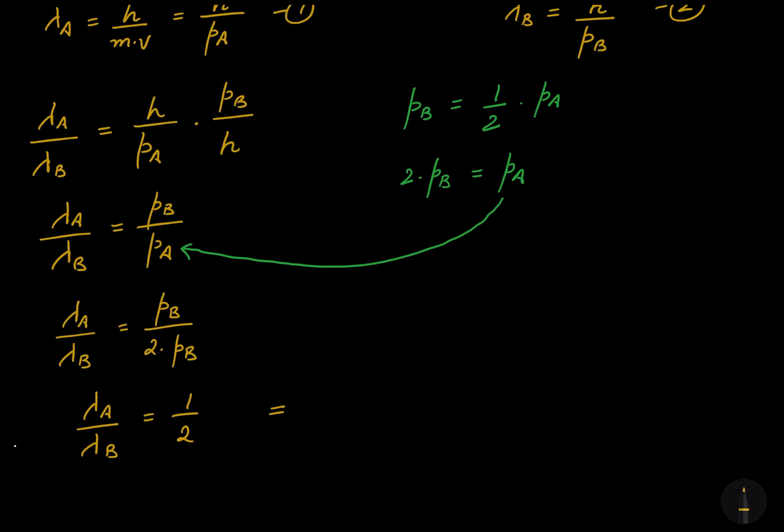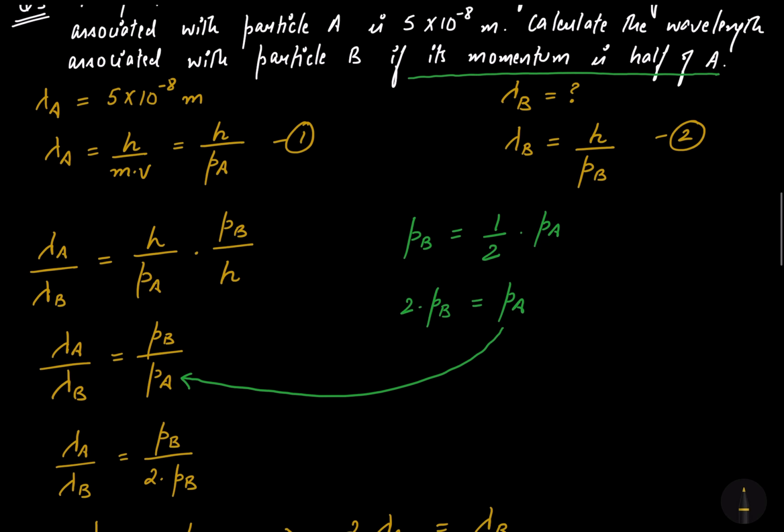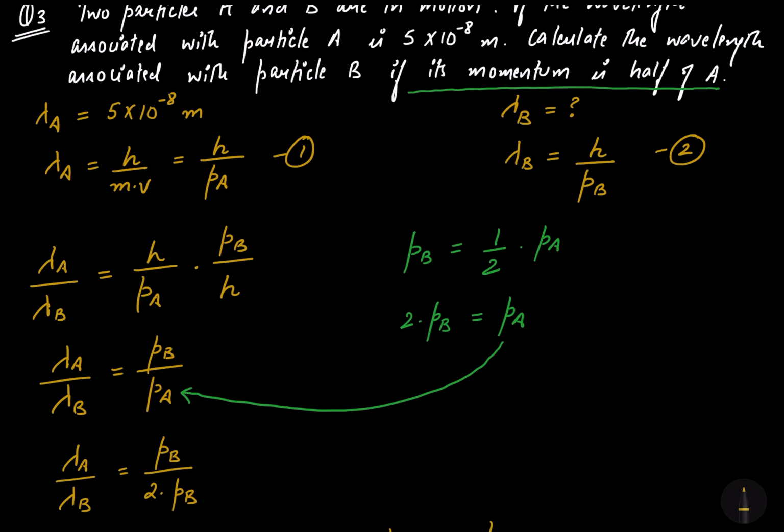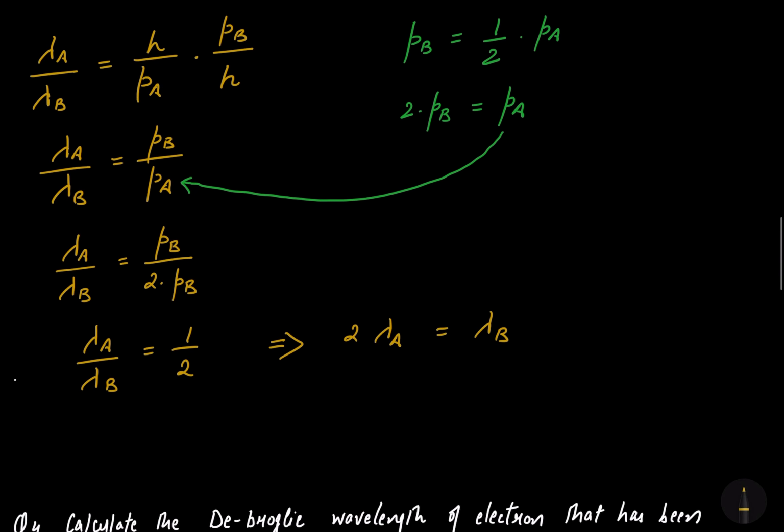So which implies 2 into wavelength of particle A is equal to the wavelength of particle B. Now in question it's given the wavelength of particle A is 5 into 10 to the minus 8 meters. So let's put it over here. 2 into 5 into 10 to the minus 8 is equal to the wavelength of particle B. So wavelength of particle B comes out to be 10 to the power minus 7 meters.